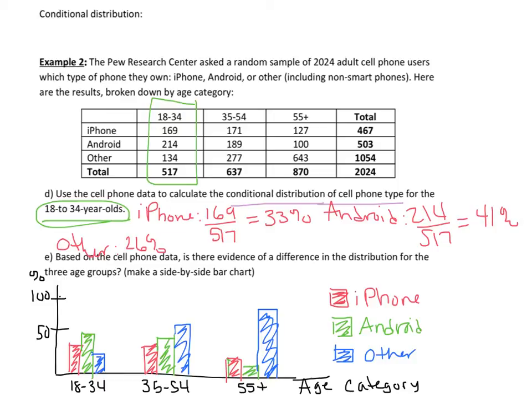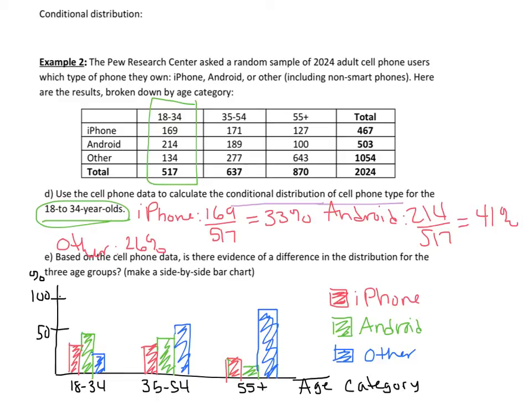So this is a good way to visualize a difference in distributions. What I mean by a difference in distribution is look to see if there's any cases where the bar heights are different. The one that I would personally clearly see, and probably you notice, is that in the 55 plus category, there is a lot of people who have other types of cell phones.